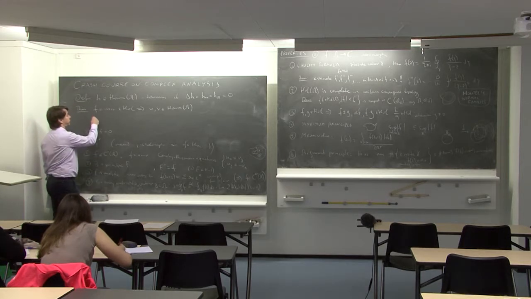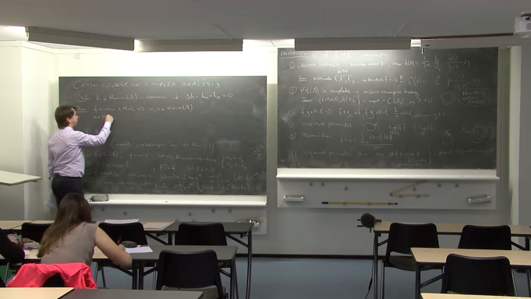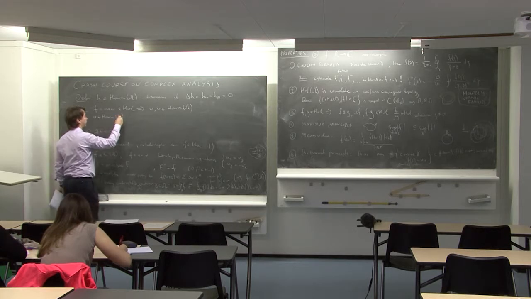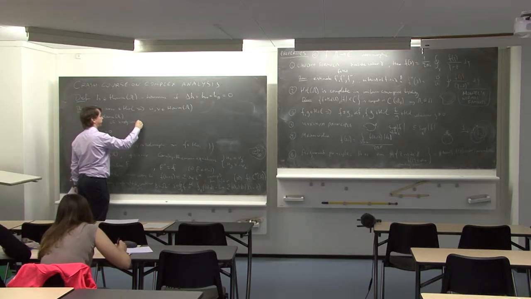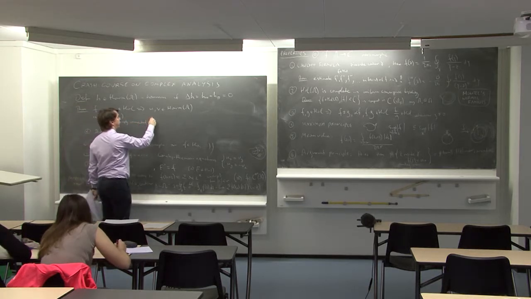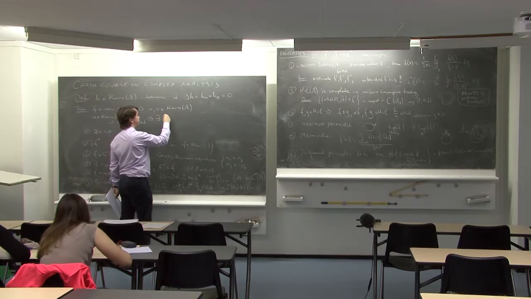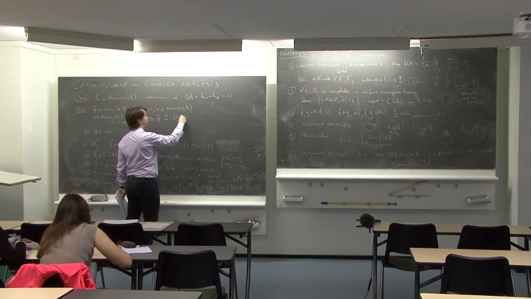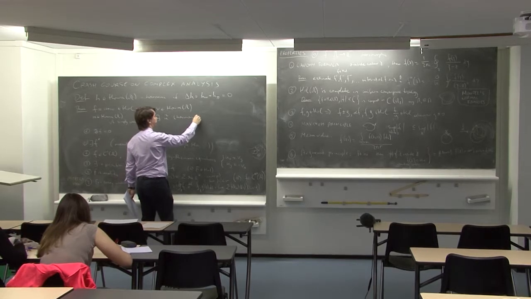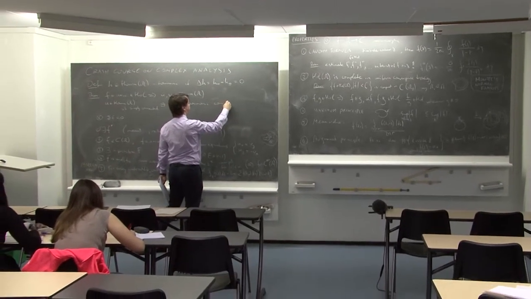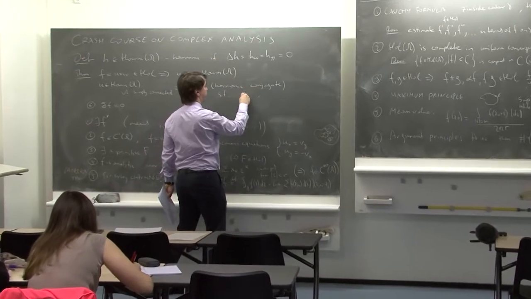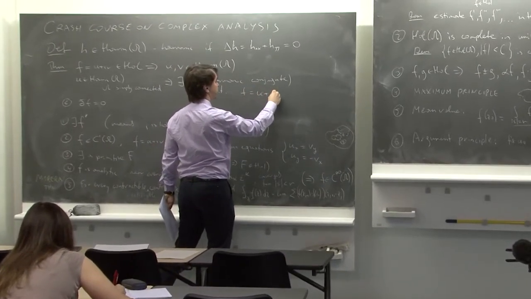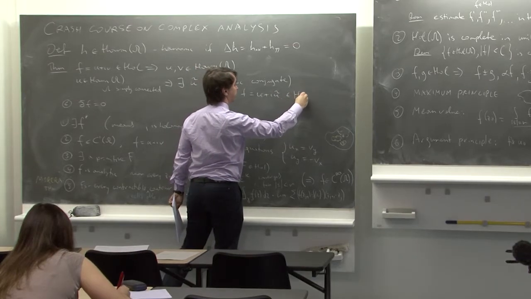On the other hand, if u is harmonic in omega and omega has no holes, is simply connected, then there exists u tilde, which is called the harmonic conjugate, such that f, which is u plus i u tilde, is holomorphic.